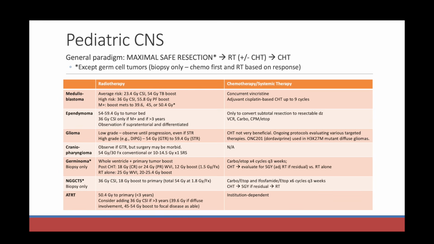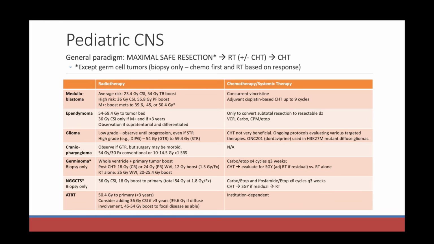So that makes you high risk. And then everything else is average risk. So if you're over 3 years old, if you have a gross total or near total resection, again, defined as less than or equal to 1.5 cc's of tumor, if you're not metastatic and if you don't have anaplastic or large cell histology. So medulloblastoma is one of the pediatric CNS tumors that gets craniospinal irradiation.